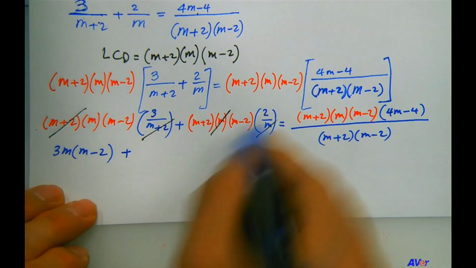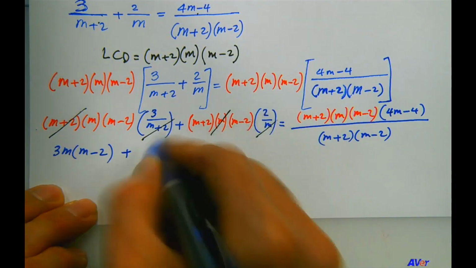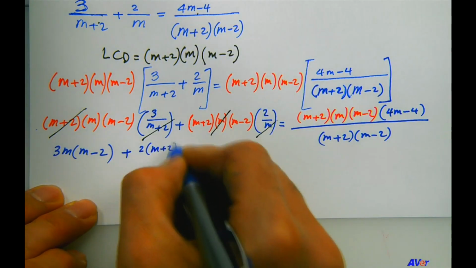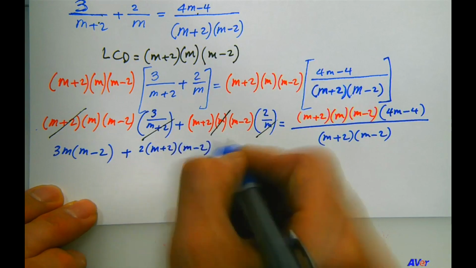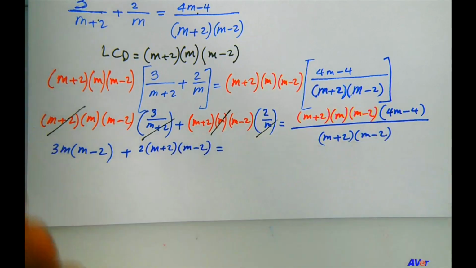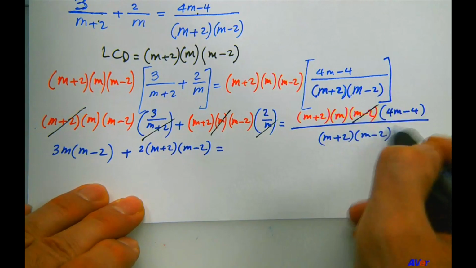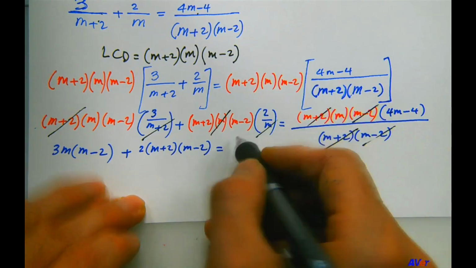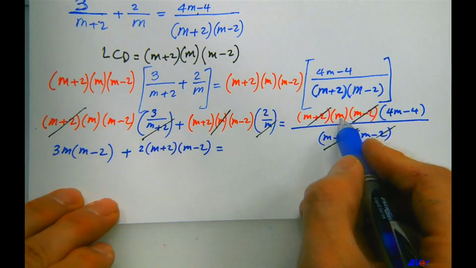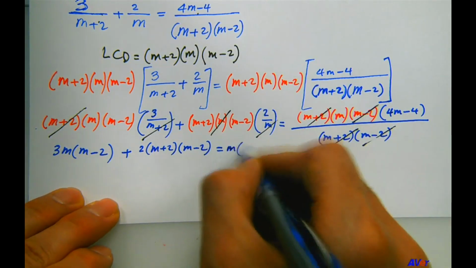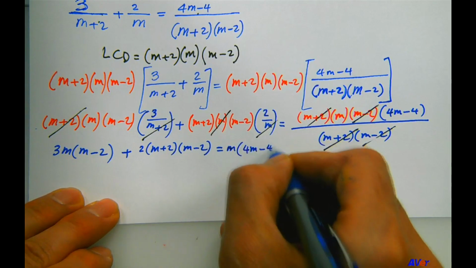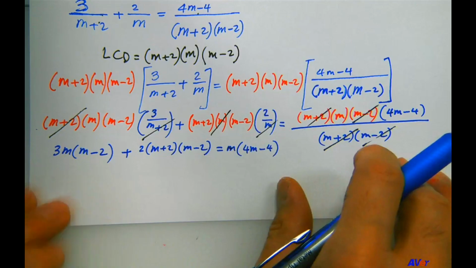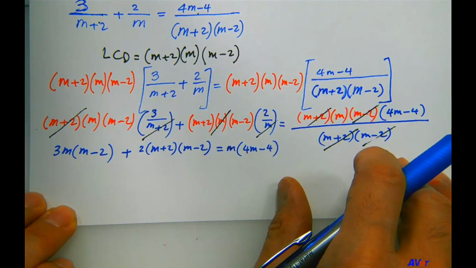We end up with 2 times m plus 2 times m minus 2, equals, here, m minus 2 and m minus 2 cancel out, m plus 2 and m plus 2 cancel out. We end up with m times 4m minus 4. Okay? All right.